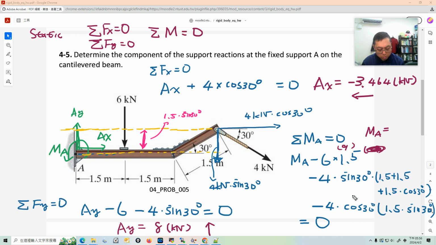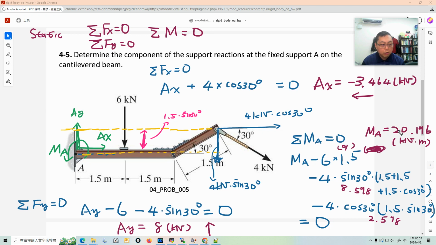This is 2.598, and here is 8.598. So doing the overall calculation, you will get MA is 20.196, and don't forget the unit is kilonewton times meter.